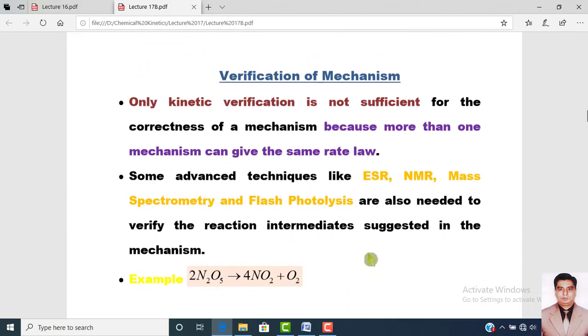And similarly, for the verification of mechanism, only kinetic verification is not sufficient, because more than one mechanism can give the same rate law. So for the formation of the intermediate products, which intermediate product is being formed and which is consumed, you can check their availability by using advanced techniques like ESR, NMR, mass spectrometry, flash photolysis, or any other instrument that you think can be employed.